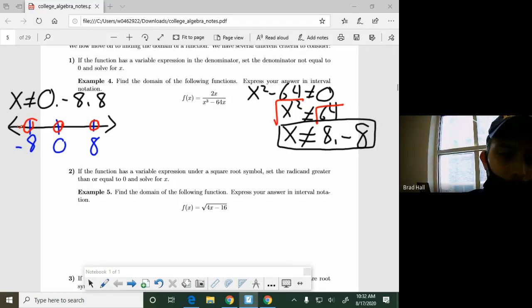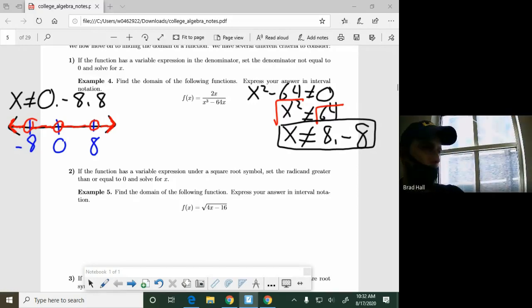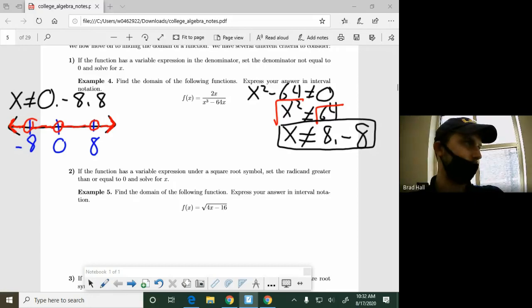So in red here, there's this interval over here to the left of -8. There's this little segment in between -8 and 0. There's this interval between 0 and 8. And there's this interval after 8. That's 4 different segments I've just identified. So that means we're going to have 4 interval notations.